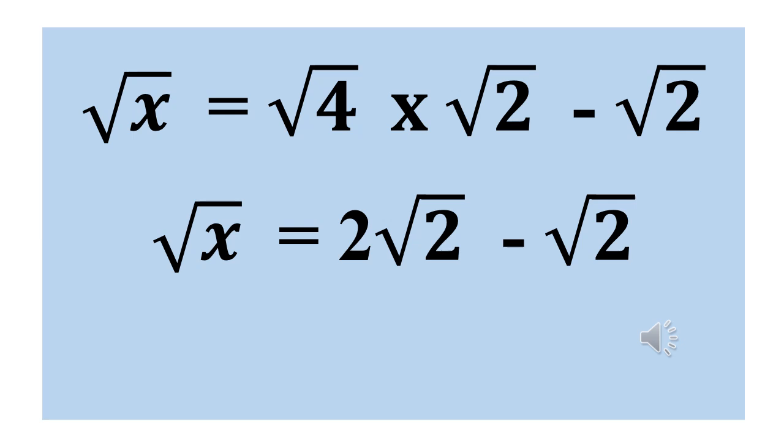So what we then have from here is, it follows that if square root of x equals square root of 4 times square root of 2 minus square root of 2, we can find square root of 4, which is 2. So we have square root of x equals 2 square root of 2 minus square root of 2.